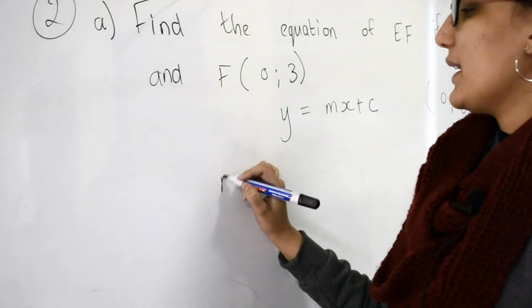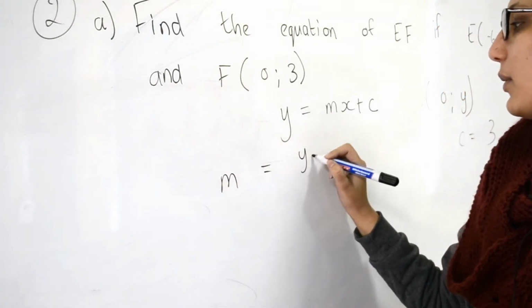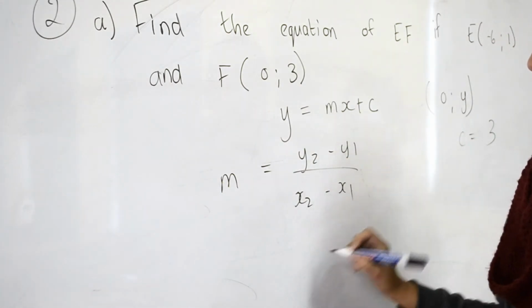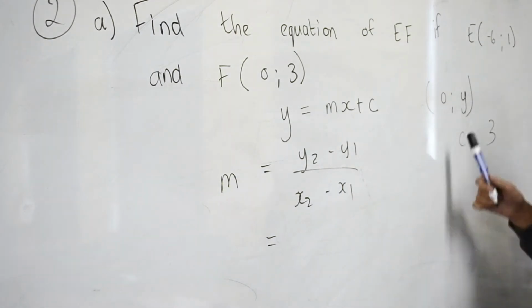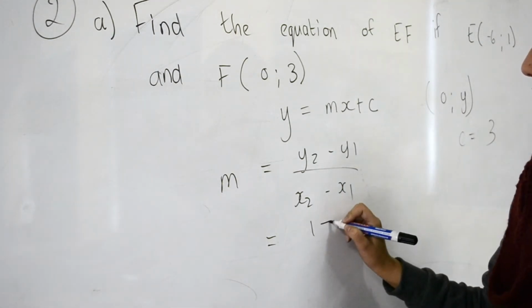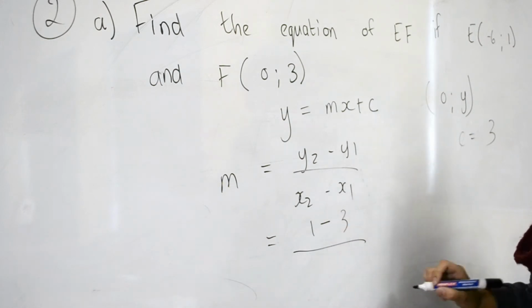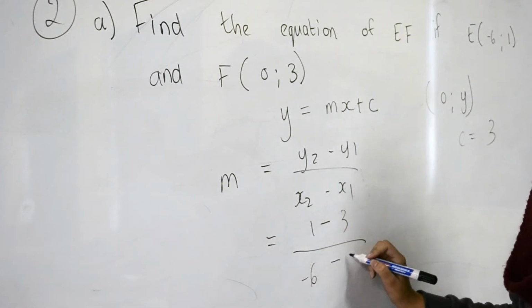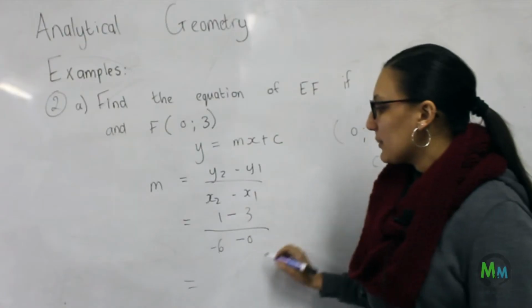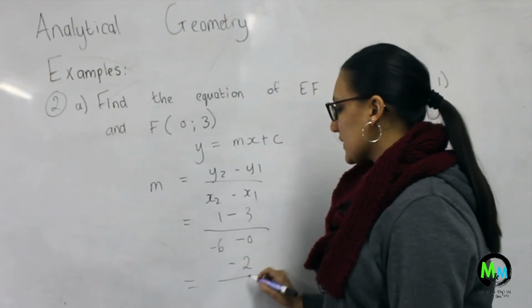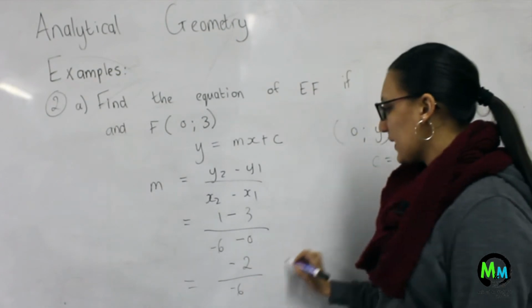Okay, let's look at our gradient. The gradient is equal to (y2 minus y1) over (x2 minus x1). So y2, 1, minus y1, which is 3, over negative 6 minus 0. 1 minus 3 is negative 2. Negative 6 minus 0 is negative 6.